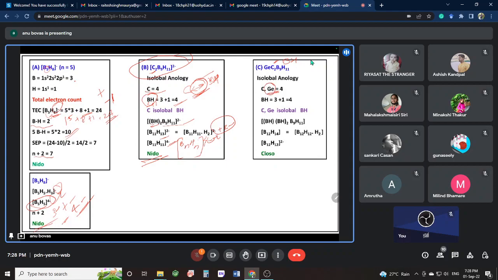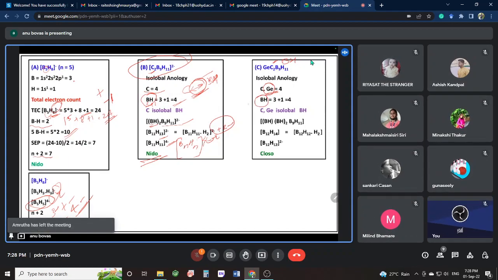So carbon and germanium both have 4 valence electrons, and each BH fragment also has 4 valence electrons, and therefore the germanium present here as well as the carbon present in the cluster can be replaced with BH since it is isolobal. So one germanium is replaced with BH, 2 carbons are present, so BH twice.